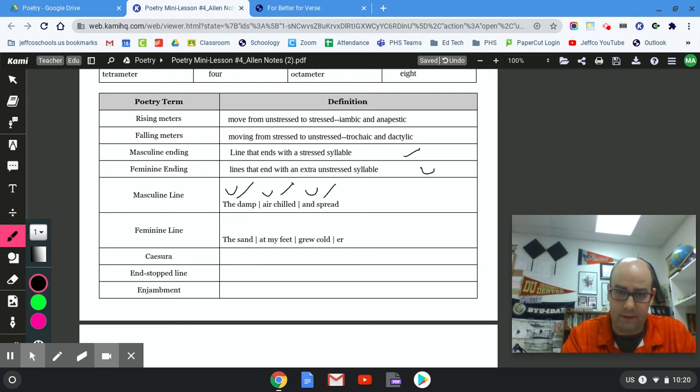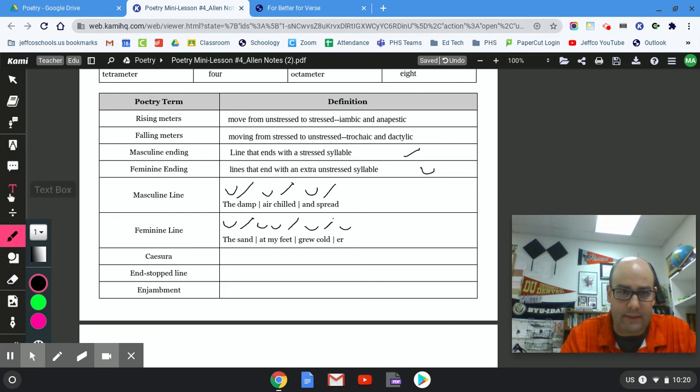Then this feminine line is weird because you can see there's this little tail on the end. So this one is a little different. So this one has a mix. So it's an iamb at the beginning, the sand. Then we have a 3-1. So at my feet grew cold, right? Because there's not as much stress on that. So it has that extra unstressed syllable.